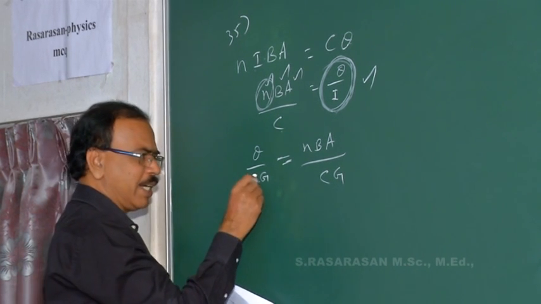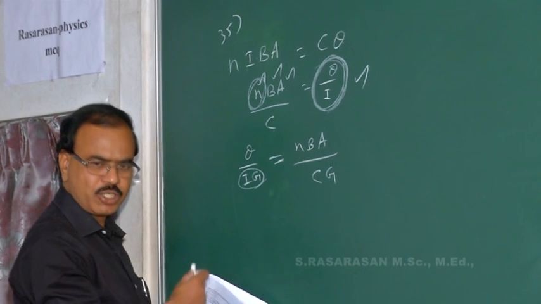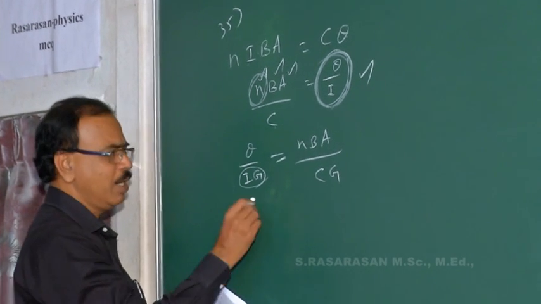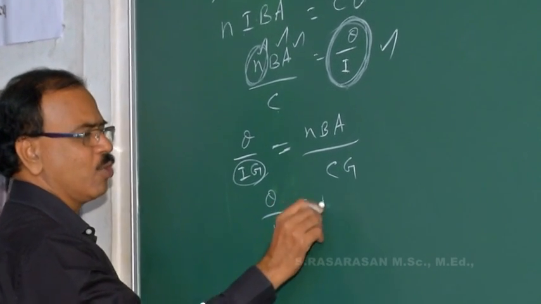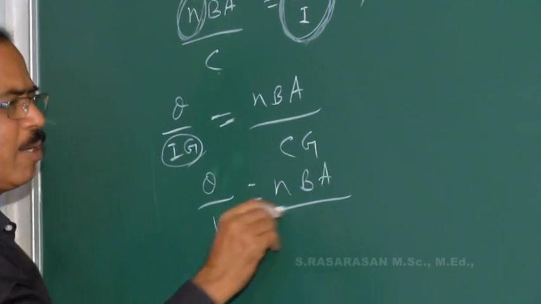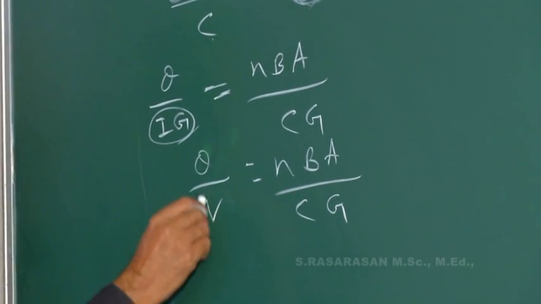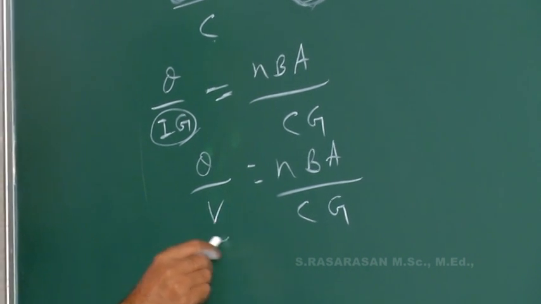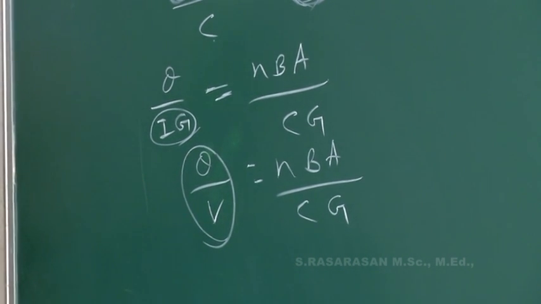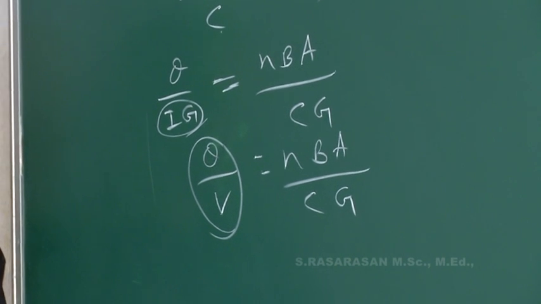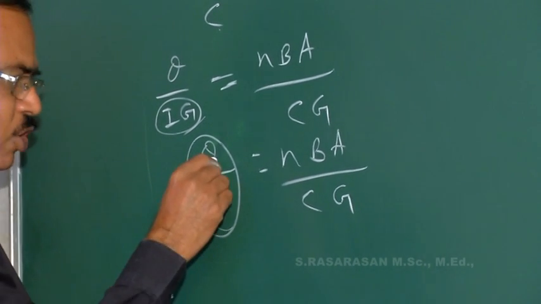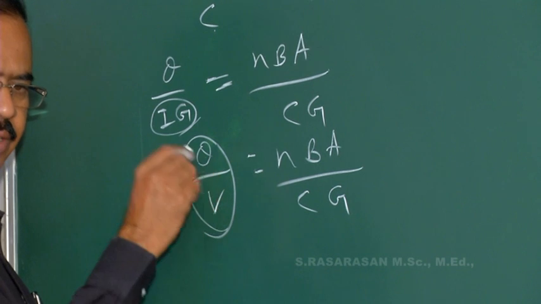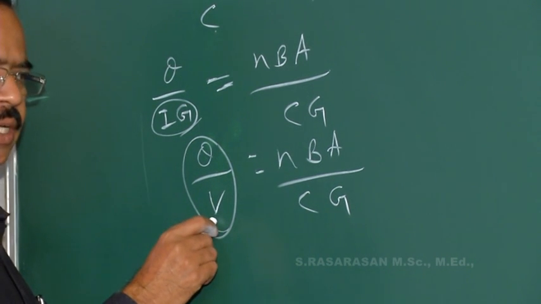Current into resistance is voltage, V equals IR, Ohm's law. So theta by V is equal to NBA by C into G. Deflection produced per unit volt is the voltage sensitivity.